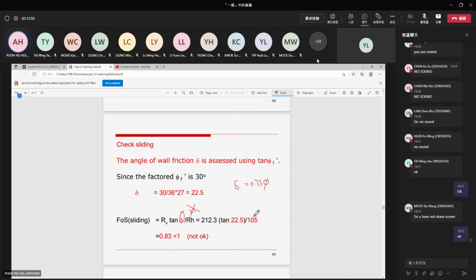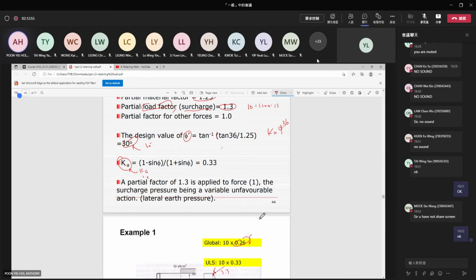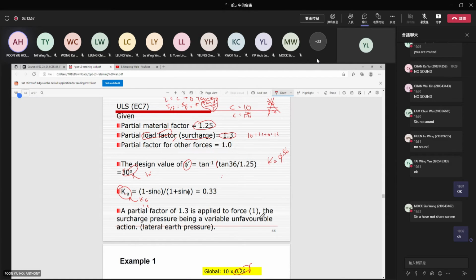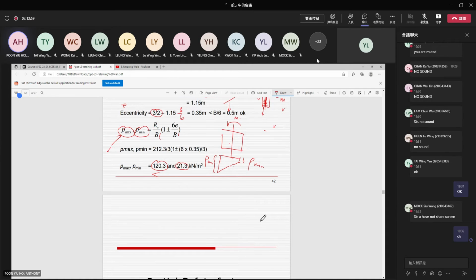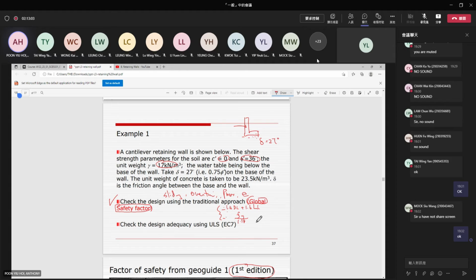If you still remember, if we go back to the questions, the friction angle of the sliding is 0.75 of the friction angle.